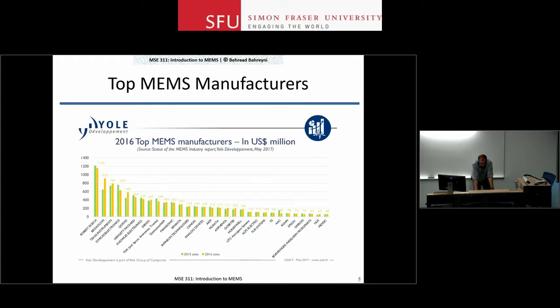In terms of MEMS manufacturers, this is a relatively old graph, but the intent here is to show you that the sensor manufacturers are actually most of the top MEMS manufacturers nowadays.